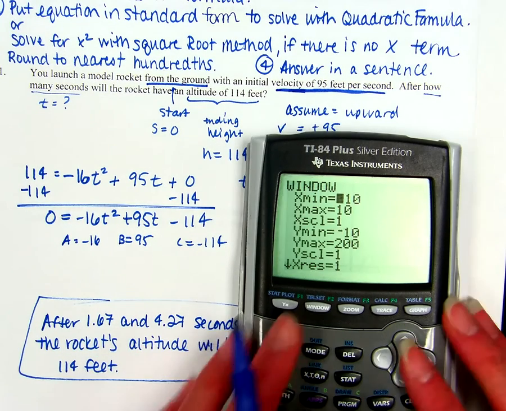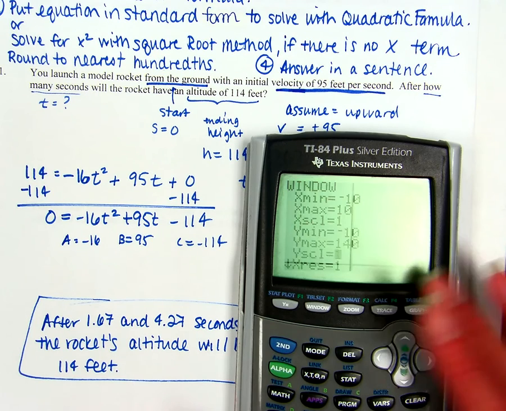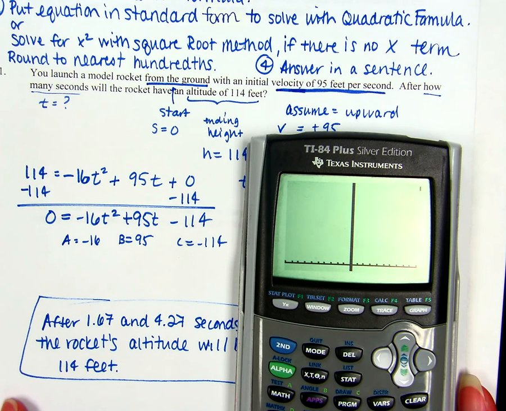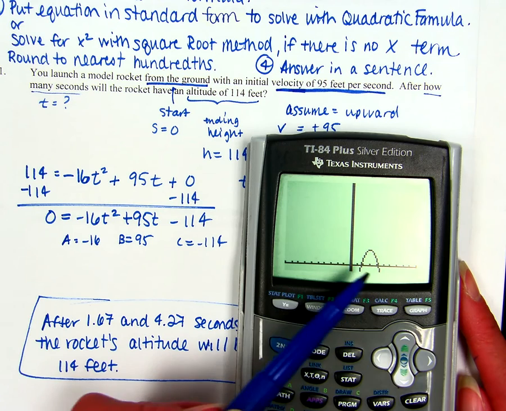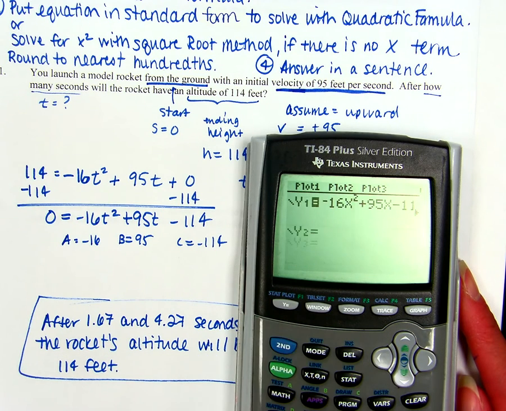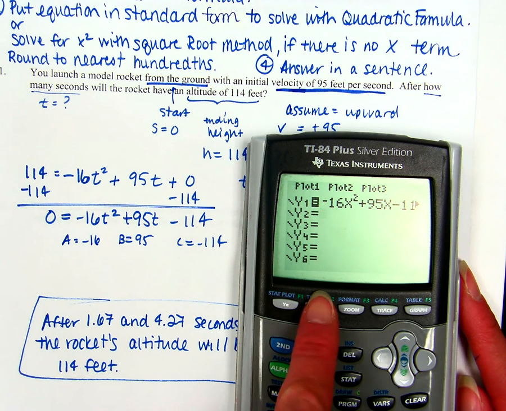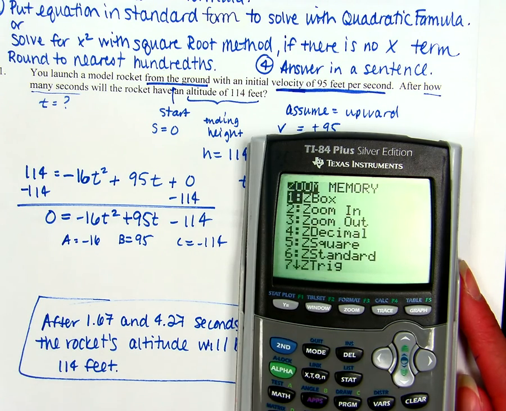Oh, I guess you don't need it that high. Let's call it 140. All right, so here's your graph. If we go to y equals, oh, I know what I'm doing. Sorry. I guess we could have just done our standard window.